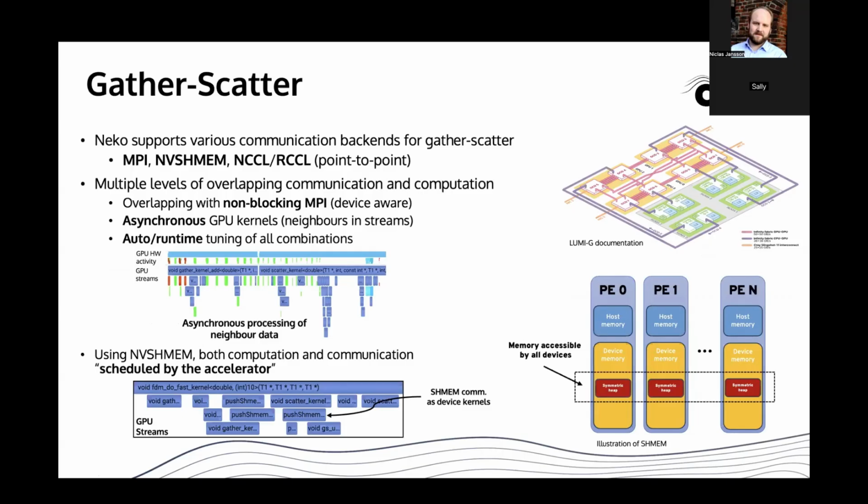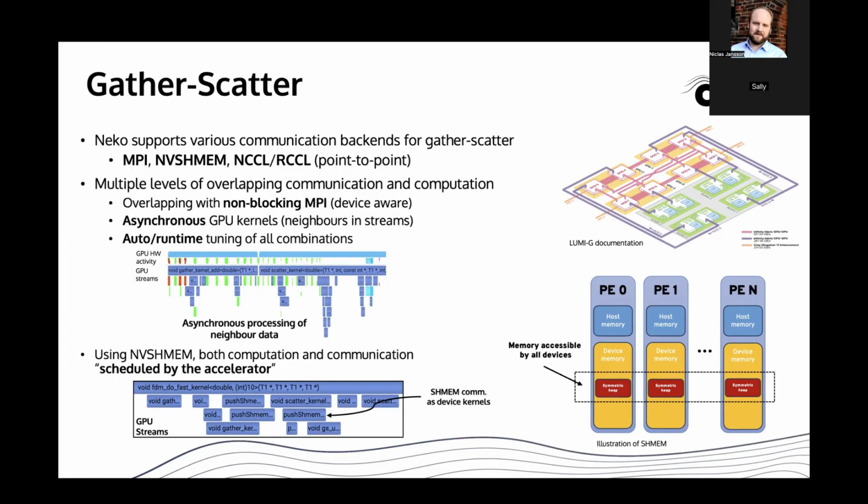If you don't know what SHMEM is, the figure down to the right shows that we're creating a symmetric heap across all the processing elements, all the GPUs in this case. Then the GPUs can read and write via put and get operations into the different GPUs' memory without doing the message passing handshaking. So it's an interesting way. It's an old technology from CPUs, but now it is part of the GPU stack from NVIDIA.